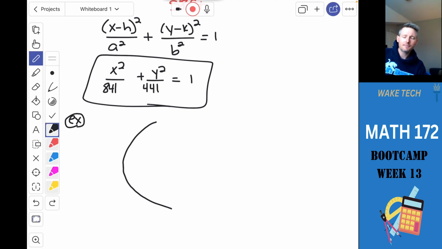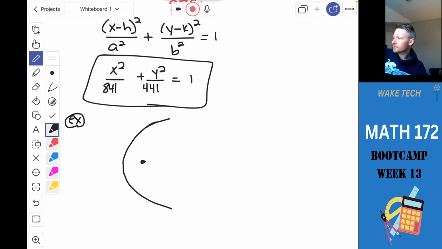But just like the ellipse and the hyperbola, parabolas have a focus as well. And the focus is always somewhere inside of the parabola. So I'm not putting it at any specific spot, just somewhere inside the parabola.